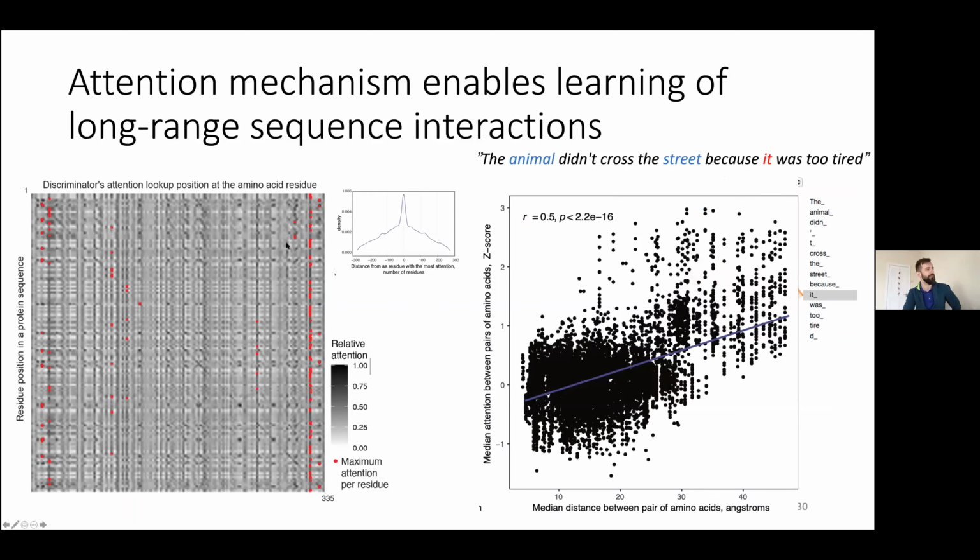that the important features the network finds when it looks at the sequence space actually make sense biologically. For instance, this so-called attention, where it pays attention and discriminates between a good protein and a bad protein, these regions correlate very nicely with the overall physical distance in protein structures.